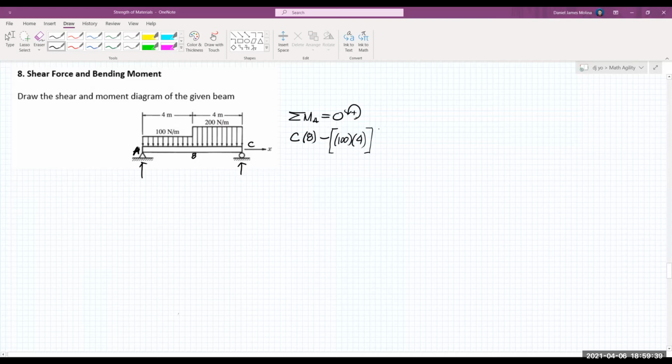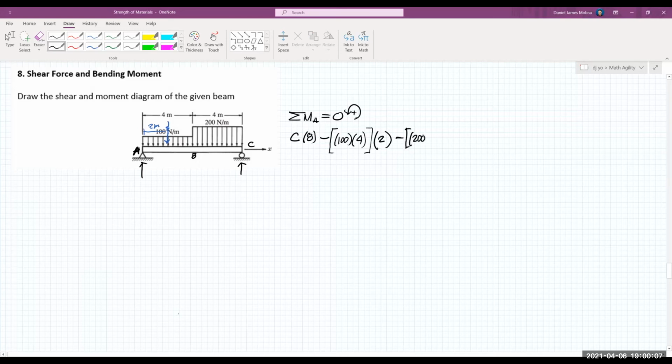100 times 4 times the location of its resultant. If the resultant is located here, it's halfway through the 4-meter length. So that's 2 meters, right? Since it's a rectangle, the centroid will be located at the middle. So times 2. And then same with the 200 newton per meter distributed load.